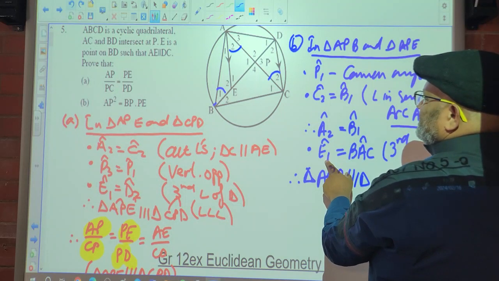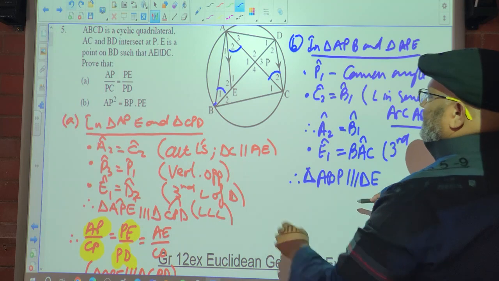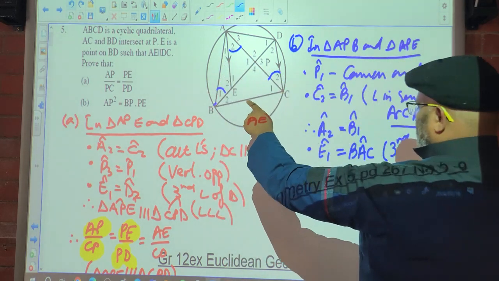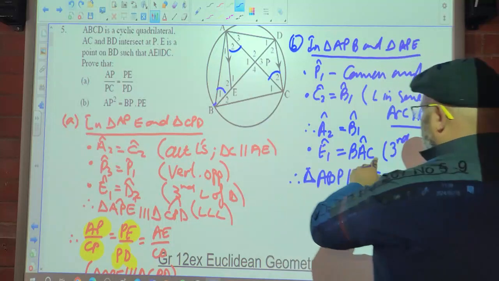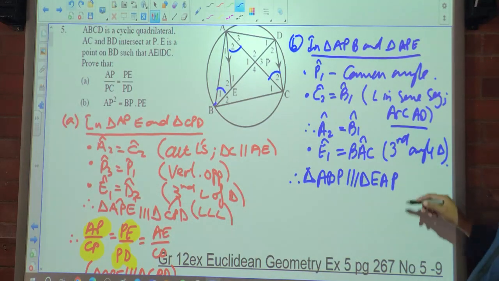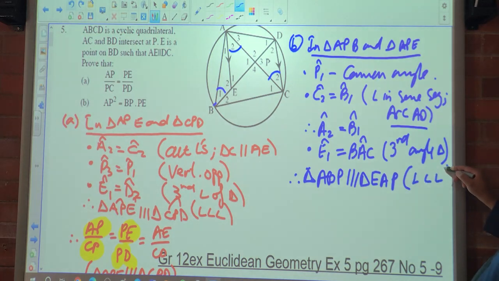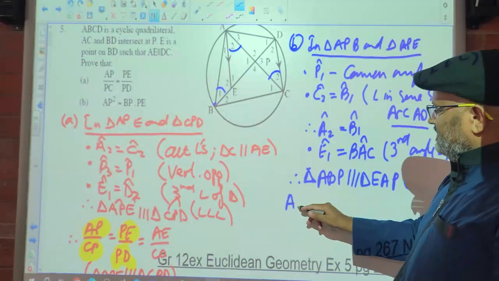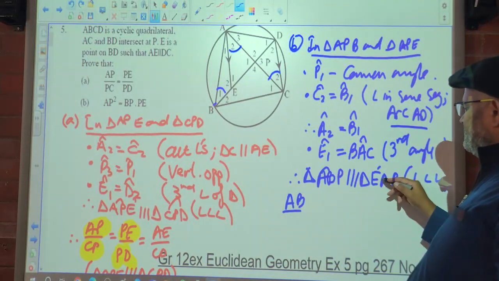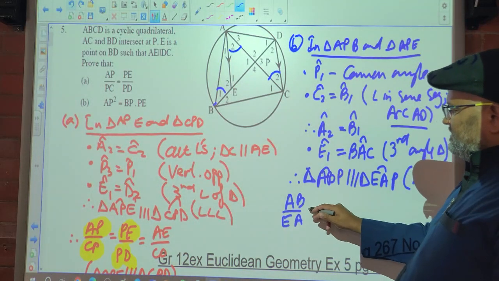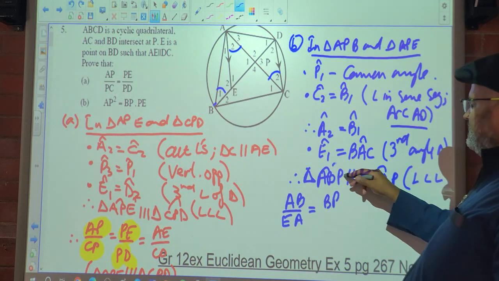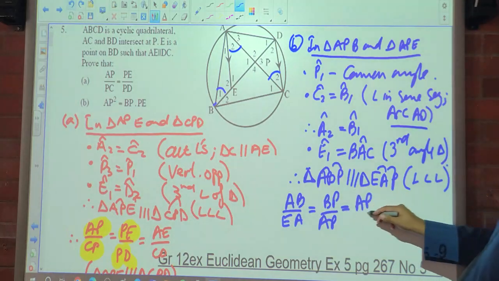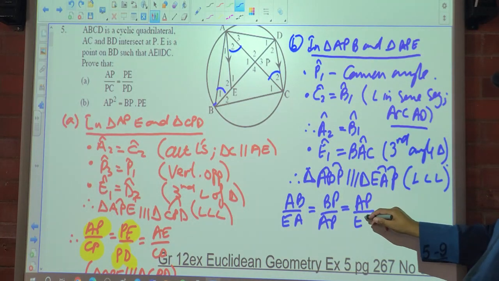Is that correct? Okay. And then B of the big triangle corresponded with A. And then P of the big triangle corresponded with P. This is your common angle. Why? Angle, angle, angle. So what can we say from here? That AB over EA is equal to BP over AP equals AP over EP.